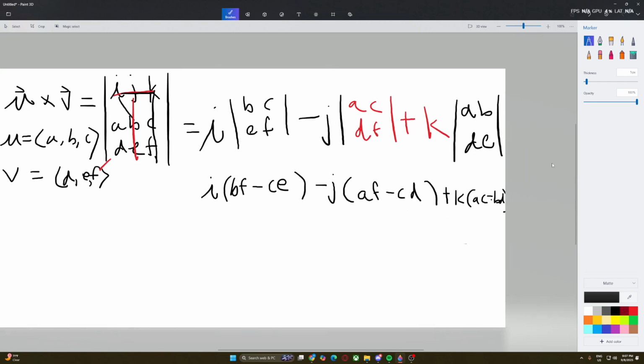Now, this doesn't make a lot of sense at first. Anyways, this can also be written out as BF minus CE, AF minus CD, AE minus BD, with a negative on the j side.